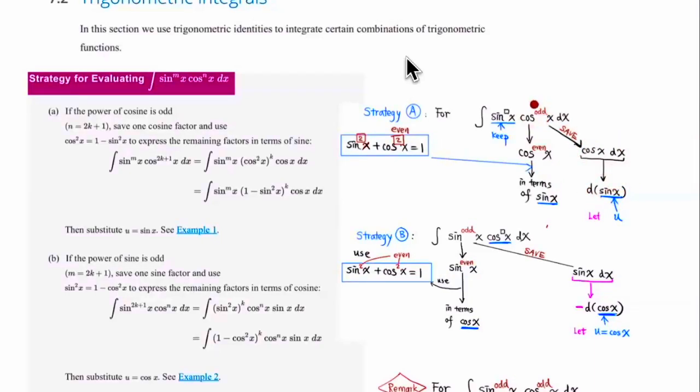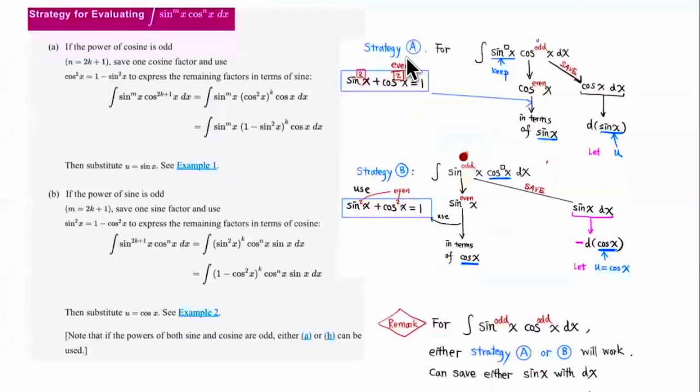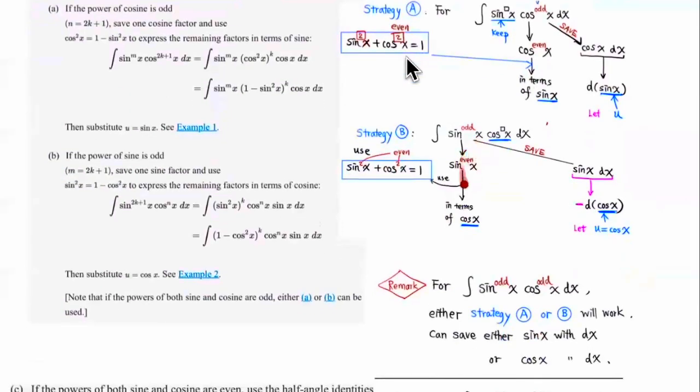So whenever, focus on the one that has odd exponent. You have sine x times cosine x. If you see the one that has odd exponent, you will save one copy of it together with dx. Like this one, sine x has odd exponent, so you save that. Take one copy of this sine x, save it with dx. Then later use a trig identity here, and this becomes negative du if you let u be cosine x.